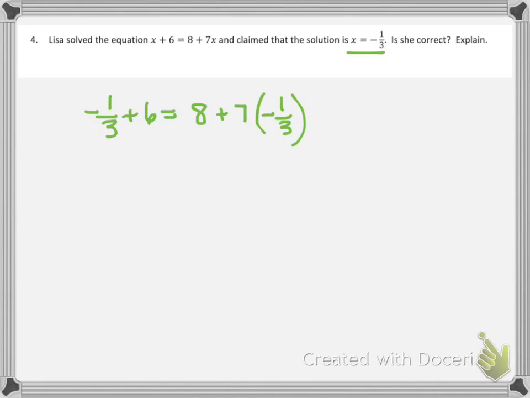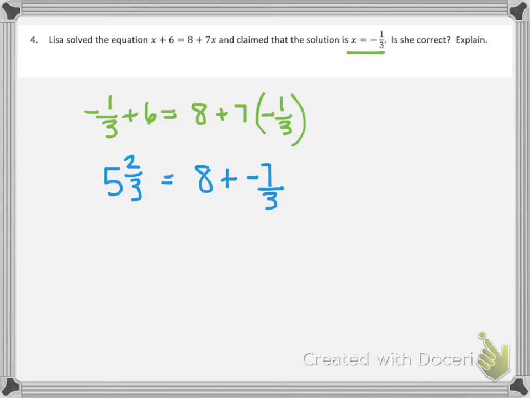Okay, and let's see, let's simplify. I have a 6 minus 1/3 would give me 5 2/3 on the left side. And then on the right side, a 7 times a -1/3 is -7/3. So I would have 8 plus -7/3.